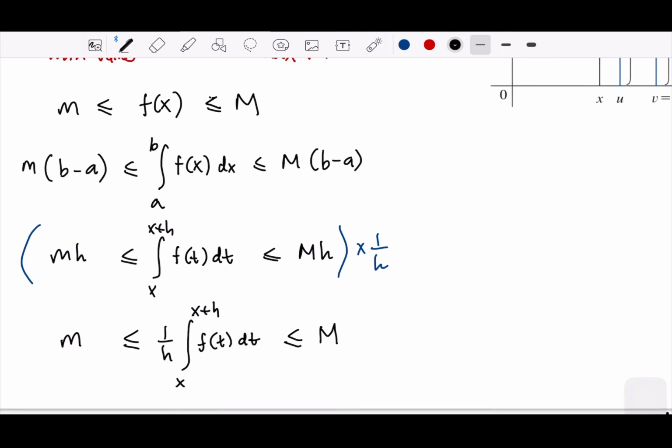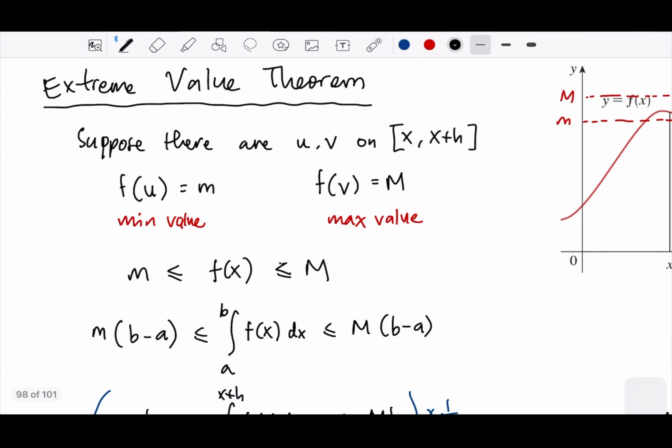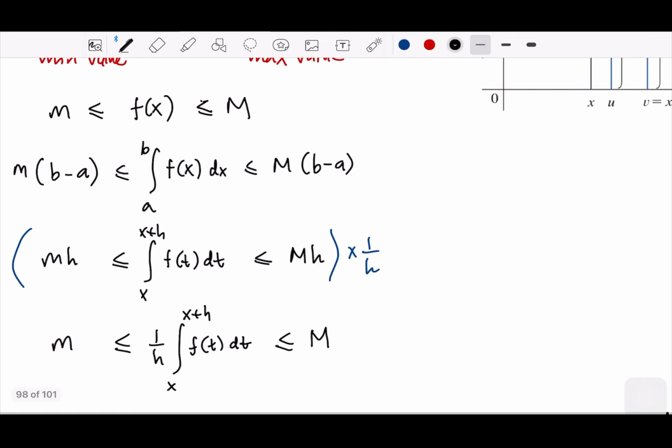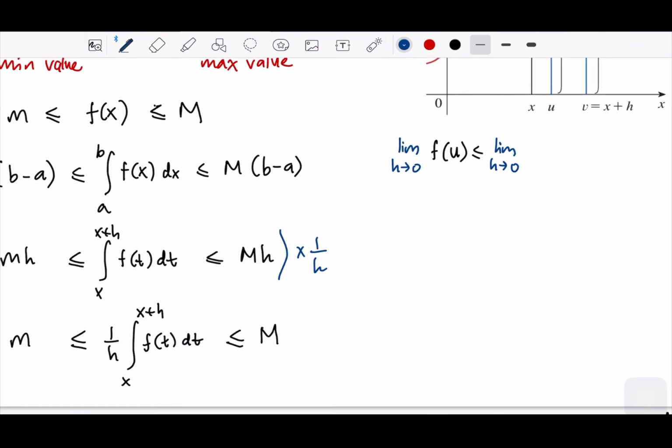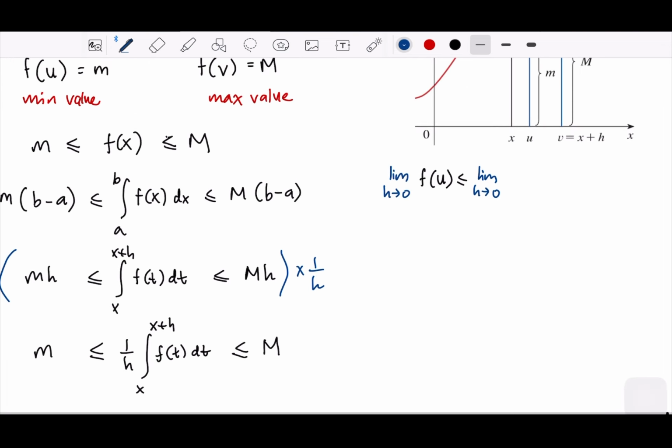Okay. Since m is a function of u, we can change this as, so we take the limit as h goes to 0 of our f of u, and then take the limit as h goes to 0 of the middle expression, which we can exchange with f of x plus h minus f of x over h.